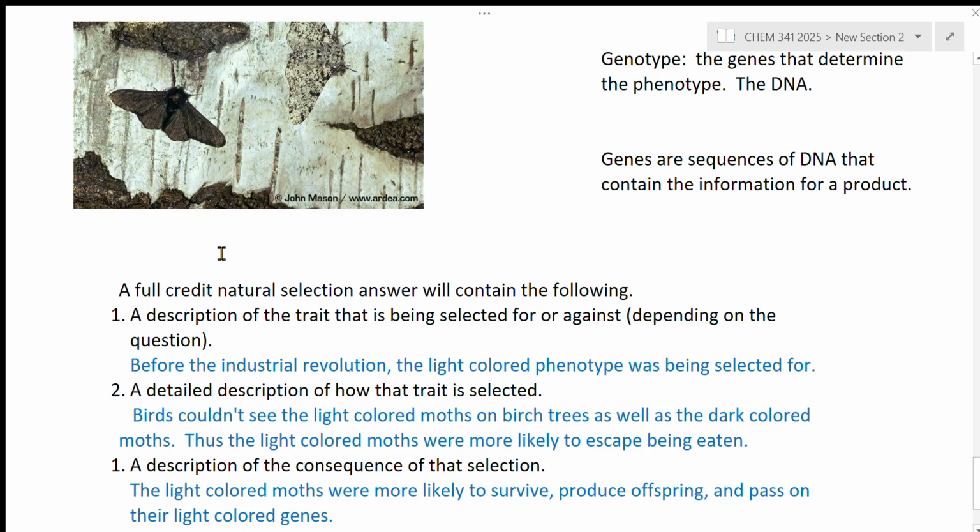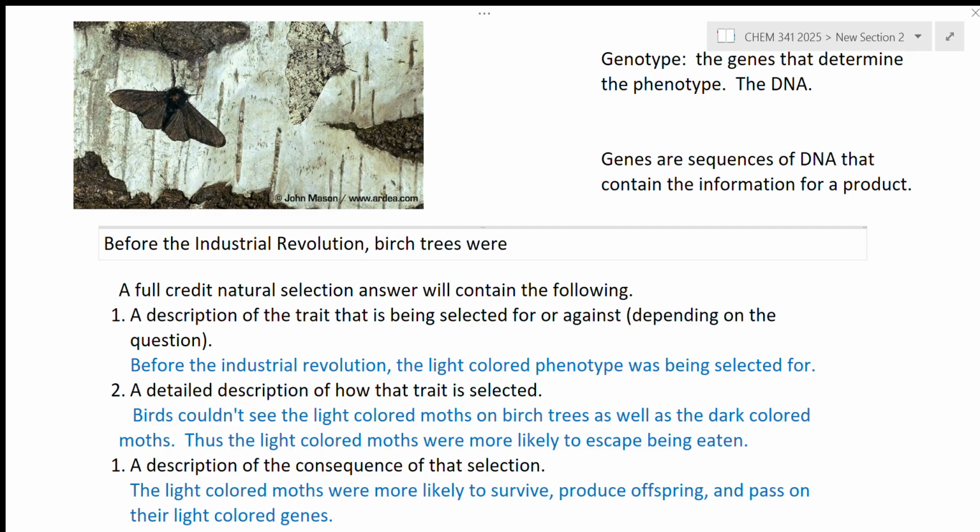Okay, so before the Industrial Revolution, birch trees were light colored in England, and light colored moths were far more abundant than dark colored moths.